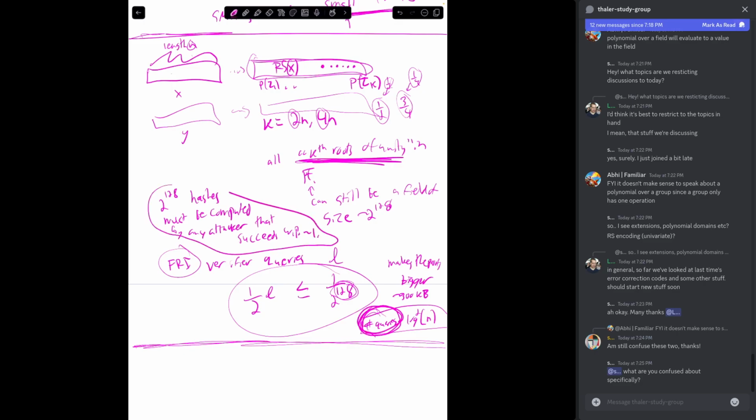Yes, once you Fiat-Shamir this, grinding attacks will exist, but the success probability of an attack is so small that you have to try the grinding attack 2 to the 128 times before you're likely to succeed.